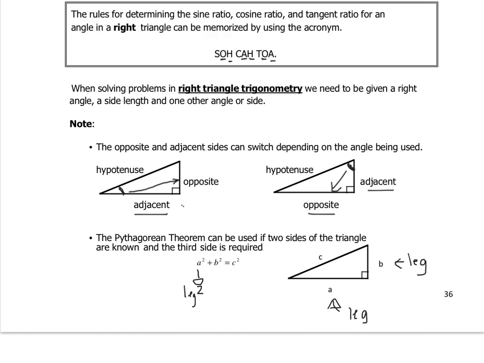So this would be leg 1 and leg 2. So leg squared plus your other leg squared equals the hypotenuse squared. Okay, and so when you fill in your information, you can rearrange that to isolate the one you're trying to find and solve.